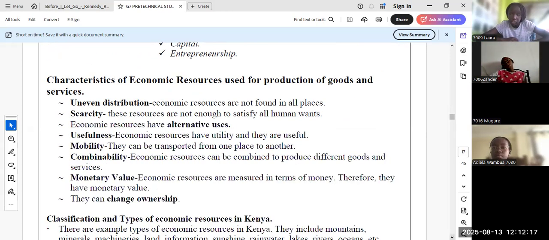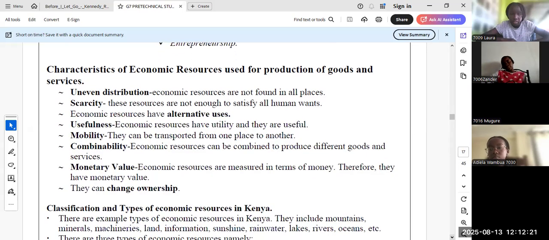From there, we discussed the characteristics of economic resources used for production of goods and services. We said they are uneven distribution. They cannot be found everywhere. They are scarcity. They cannot be enough for everybody. They have alternative uses. They can be used for various other things. We gave an example of a land. It can be used for farming, fishing, tea growing, etc. We said they are useful, all of them.